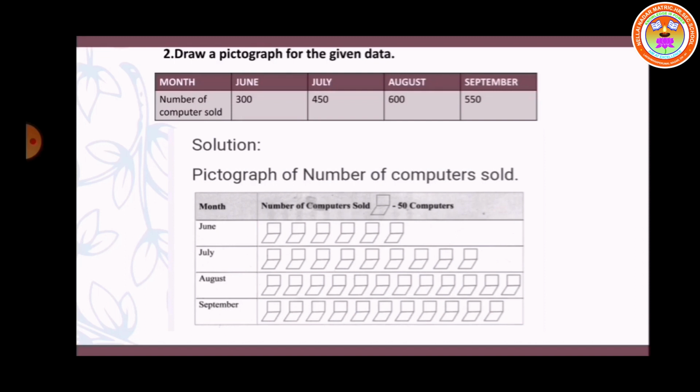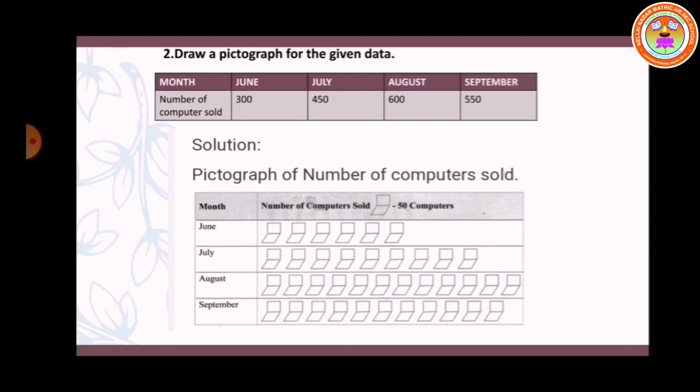In July, how many computers have been sold? 450. So 450 divided by 50 is equal to 9. So you have to draw 9 computers. In August, how many computers have been sold? 600. So 600 divided by 50 is equal to 12.